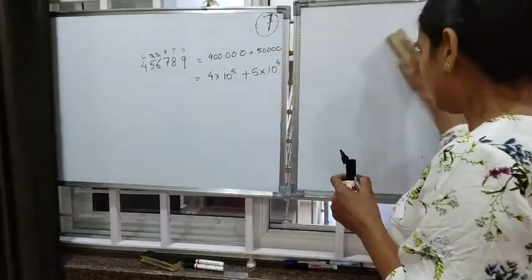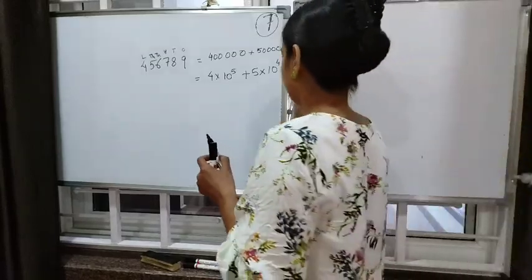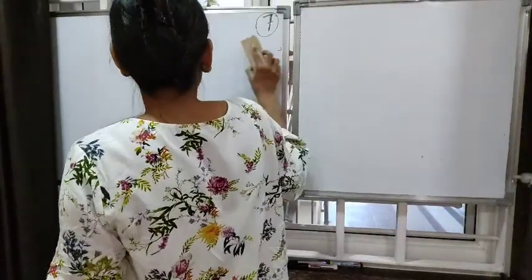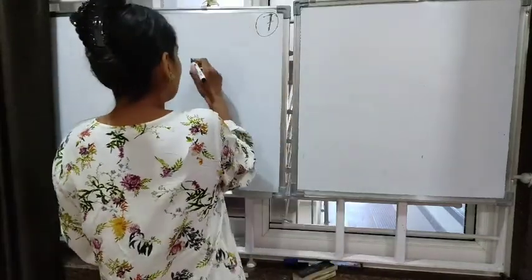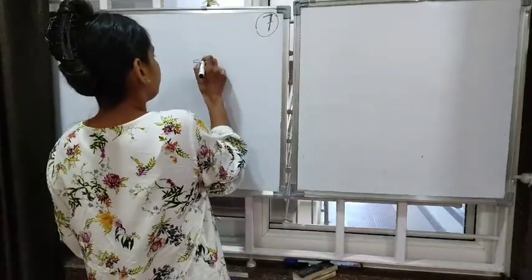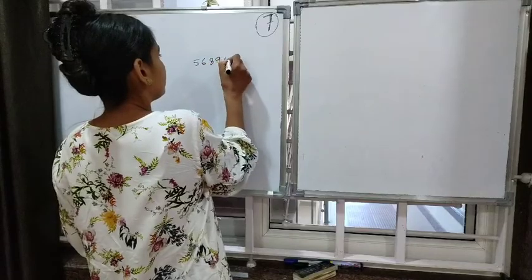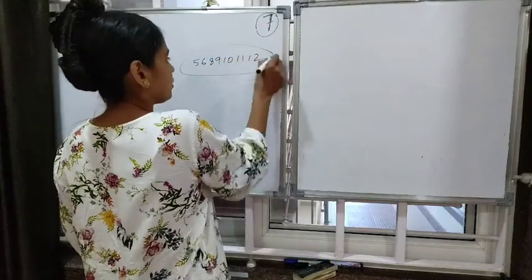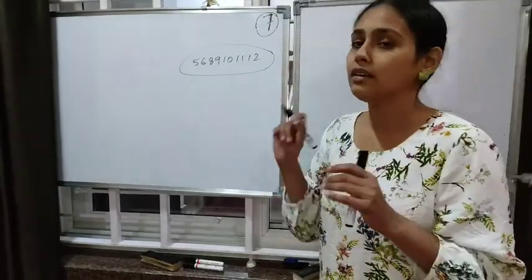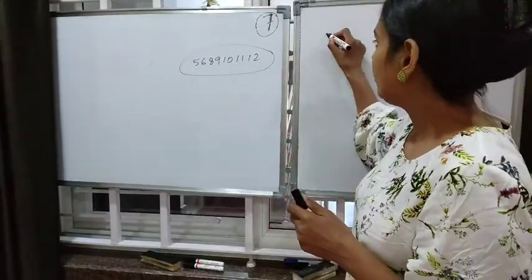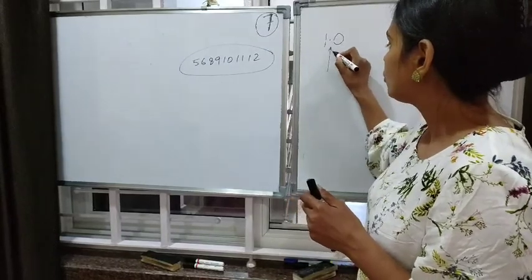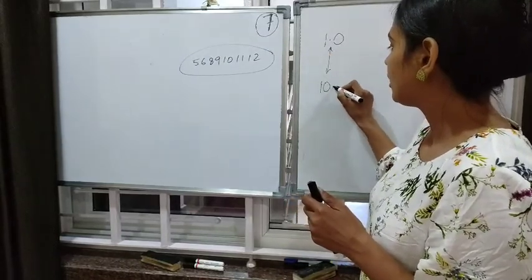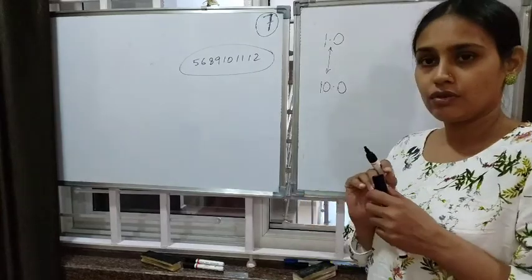Now we are going to study the decimal system and the standard form. Standard form means, children, bringing any big number in between 1.0 and 10.0.